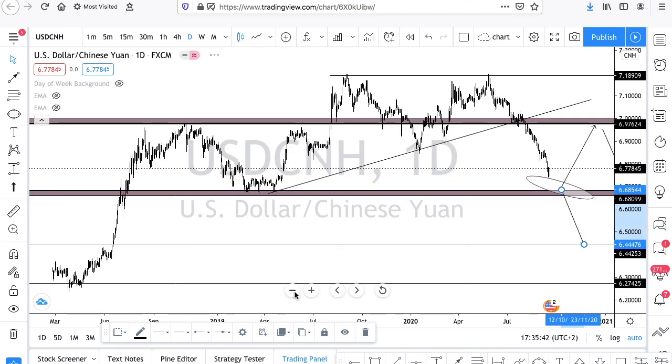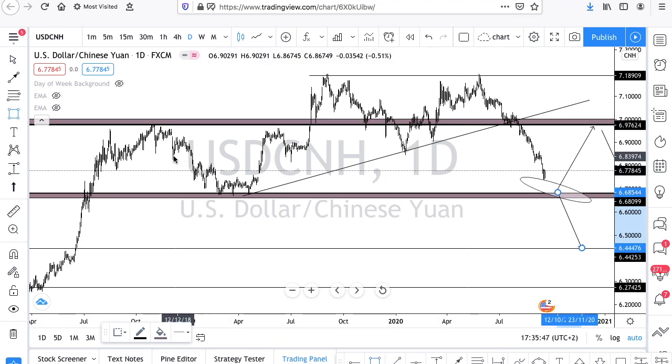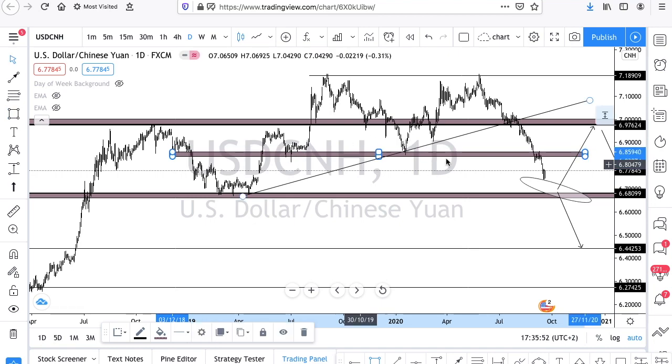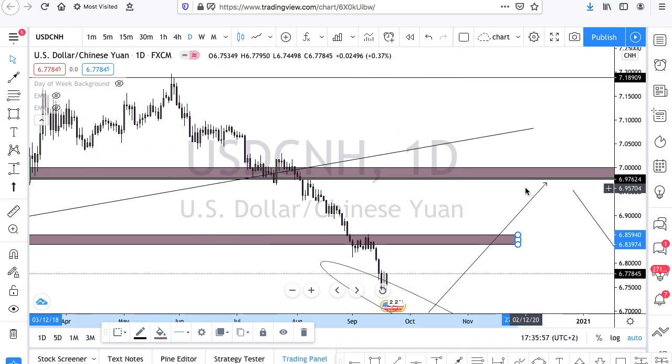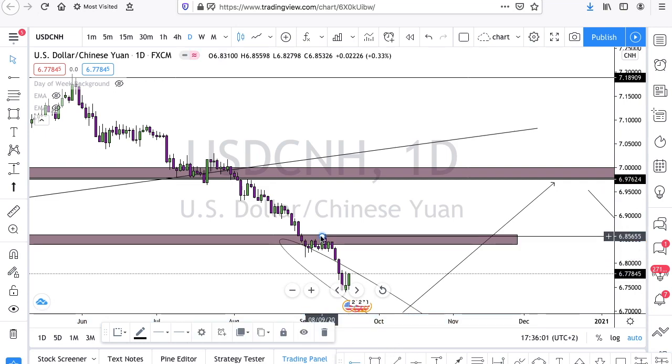So what am I seeing? There was a level here which was support. Now it's broken below. It's at 6.8.